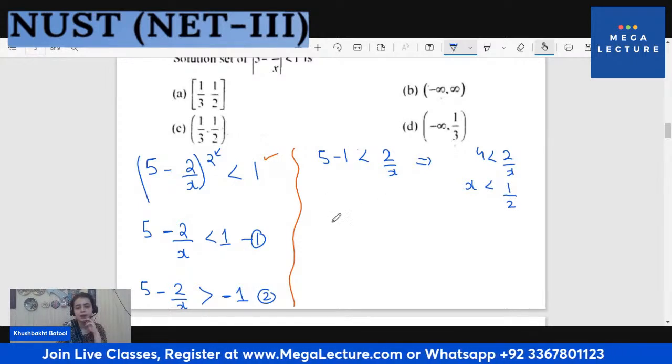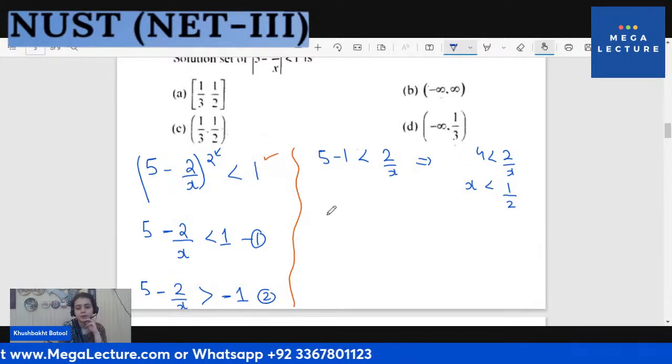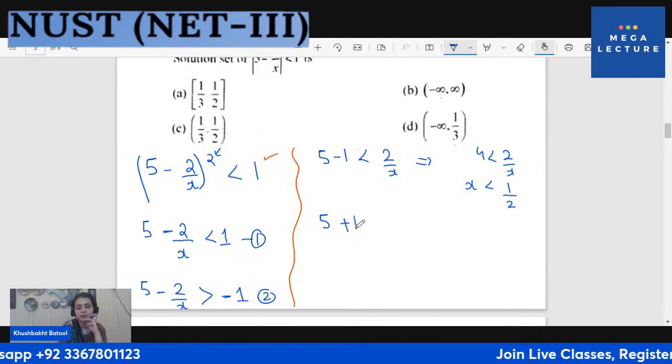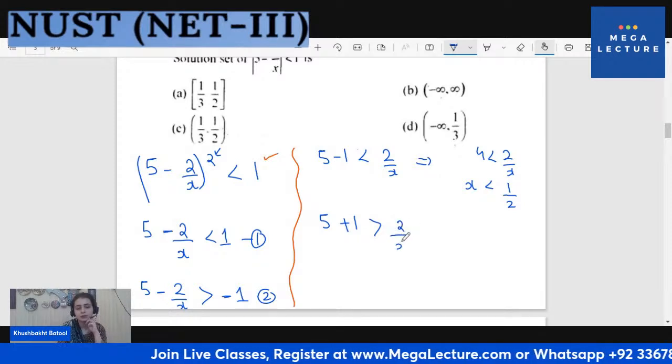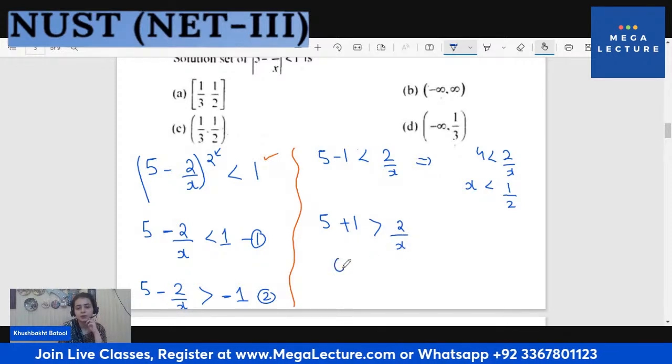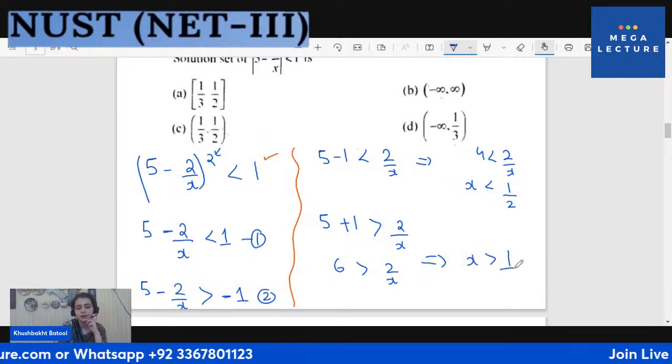And then I am going to have 5 plus 1 greater than 2 by x. So it would give me 6 greater than 2 by x, and this would give me x greater than 1 by 3.